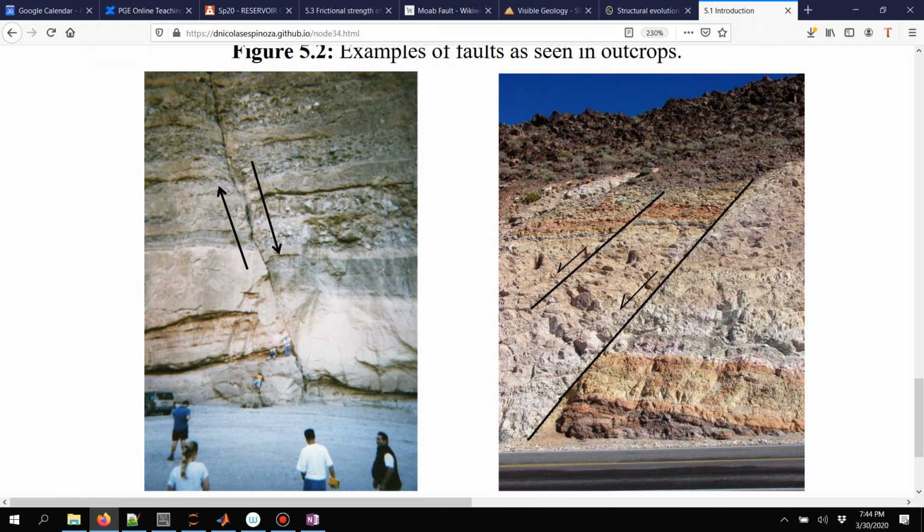The hanging wall is moving down relatively to the footwall, and the dip of the fault is also relatively steep, and that's going to be associated with a normal fault.